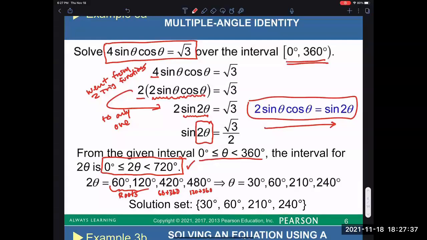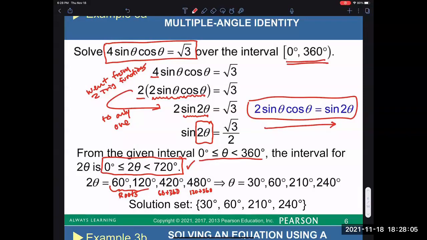Now, if we were to add 360 again to either of those, we'd go past 720 and that would be too much. So by taking the 2 root solutions, the ones in one cycle around the circle, between 0 and 360, that give you square root of 3 over 2 for sine, 2 theta could be 60 or 120, and by adding 360 to both of those, 2 theta could also be 420 or 480.